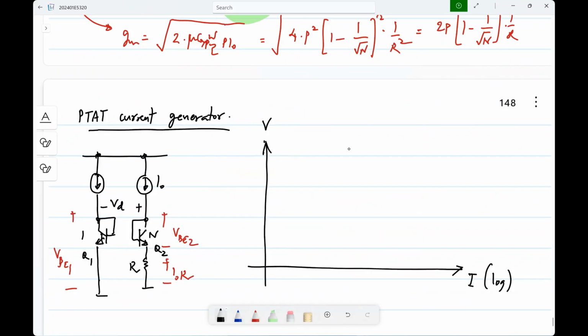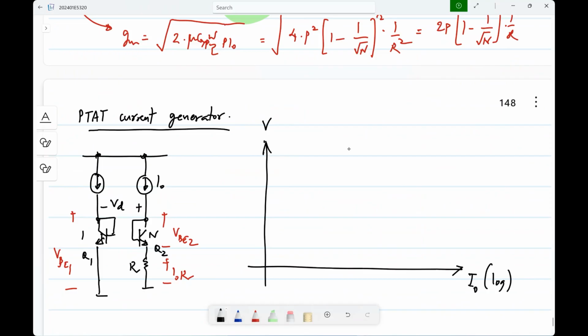VB1 versus current on a logarithmic scale. What will it look like? What is the expression for VB1? VT log I naught by IS. So versus I naught.